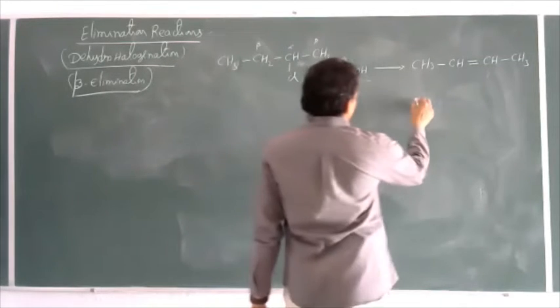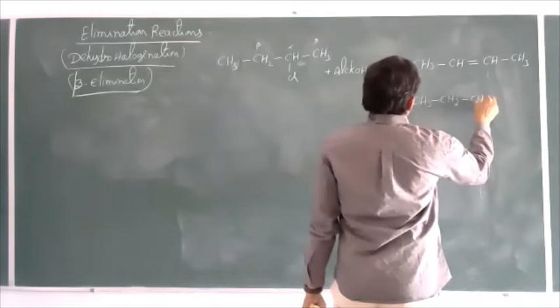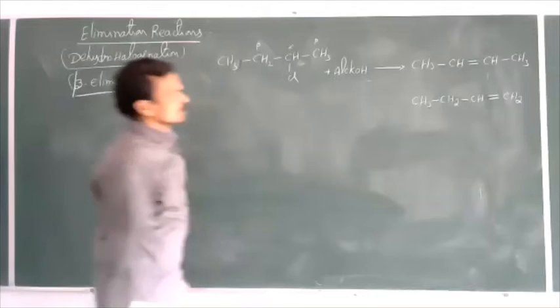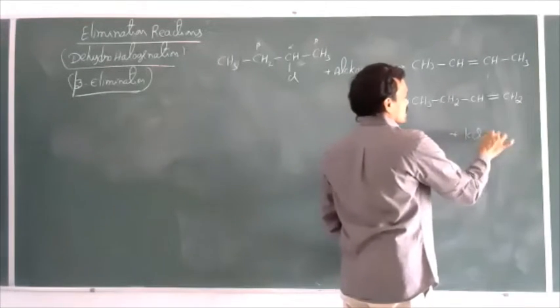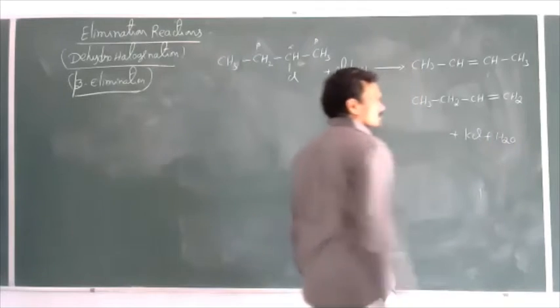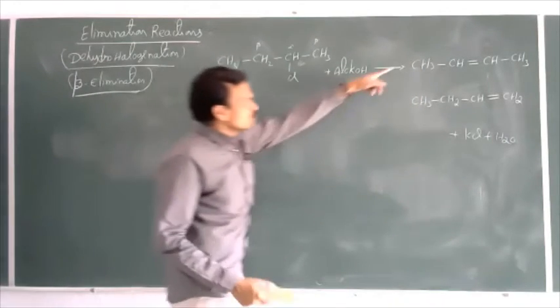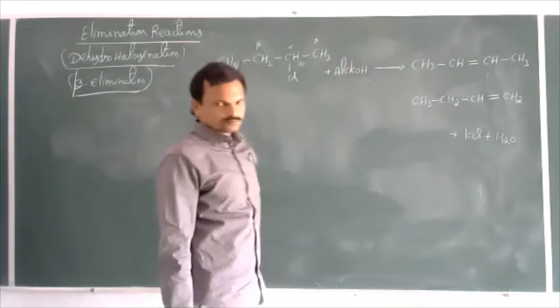Now the product is CH3CH2CH=CH2. In addition to this, the byproducts formed are KCl plus water. These are byproducts. Now, out of these two, which is correct? Which is the major product?